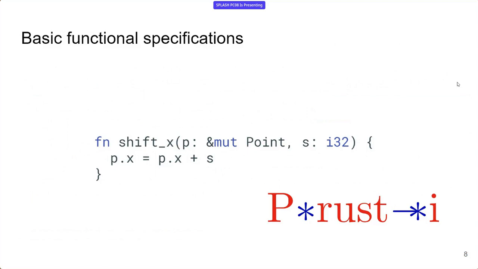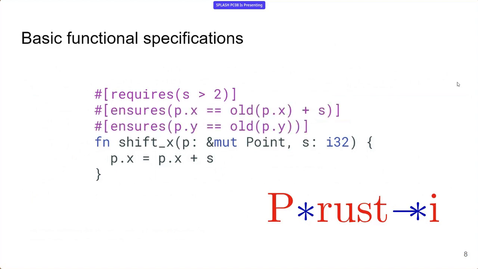So here we have a very simple shift function which takes a two-dimensional point and shifts its x-coordinate by the argument. In Prusti, we write annotations and specifications using the Rust annotation syntax, so I can add a precondition saying that I can shift by more than 2 only.